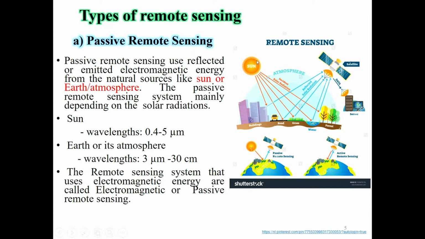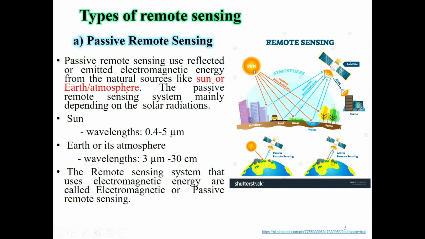The sun has radiation, EM, and the solar radiation goes to the objects in our world, like the earth, right?